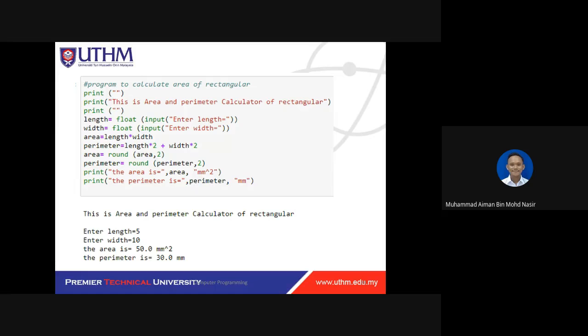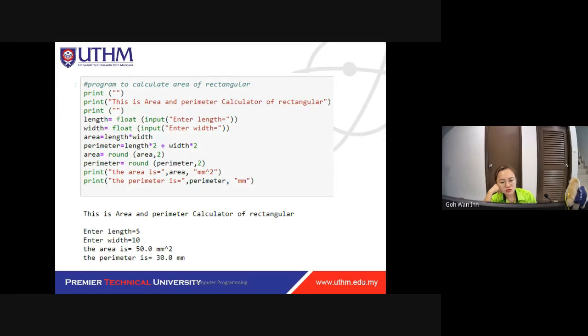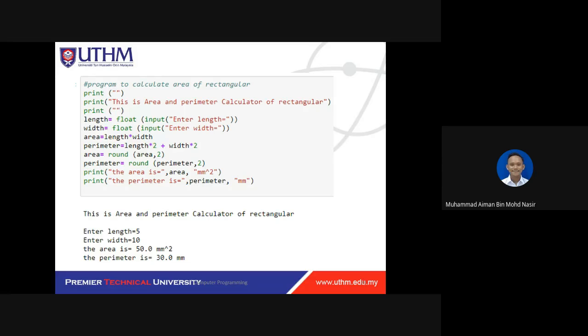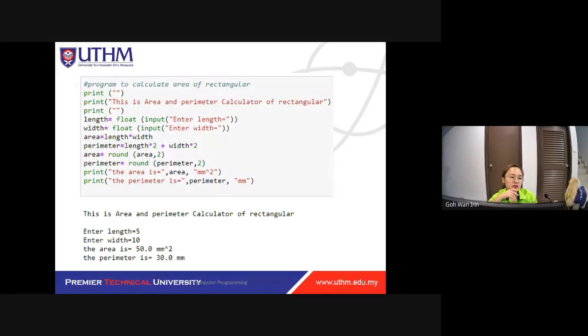Doctor, can I do it one by one? What do you mean by one by one? Like just now we did the area, then continued below with the perimeter part. No need, because you are using the same input. You are not using different input.